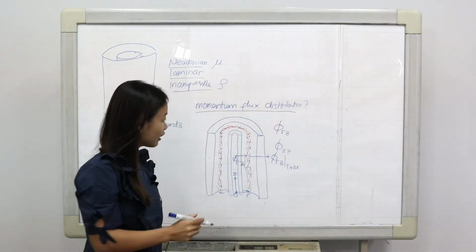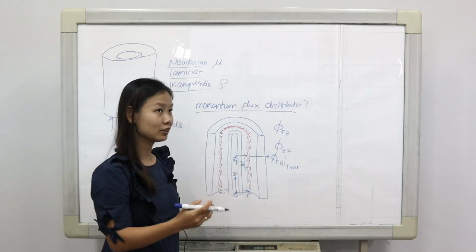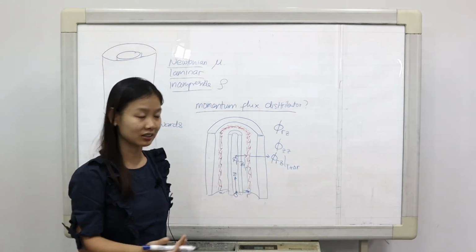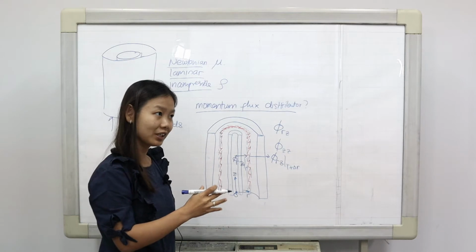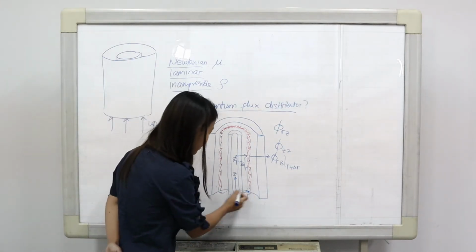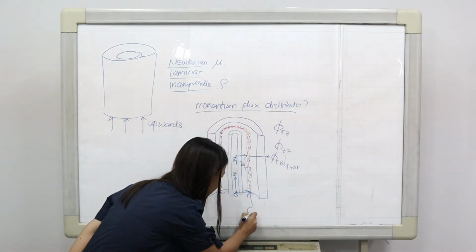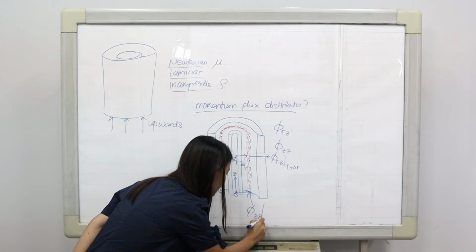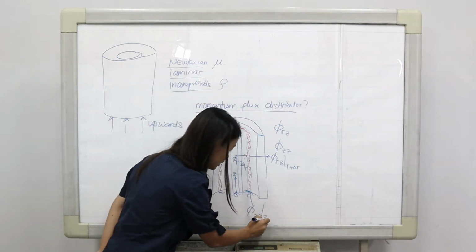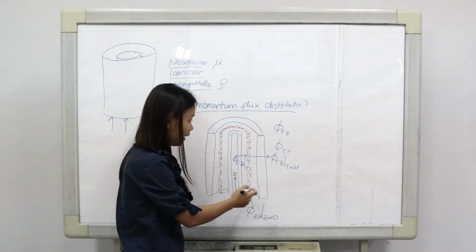Now next is phi zz. Phi zz is the momentum flux in the z direction, so basically that will be in line with the direction of the flow. Here I have the phi zz in at z equal to 0, at the zero point.